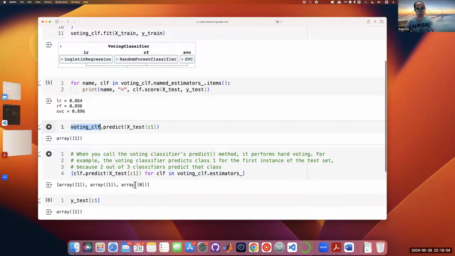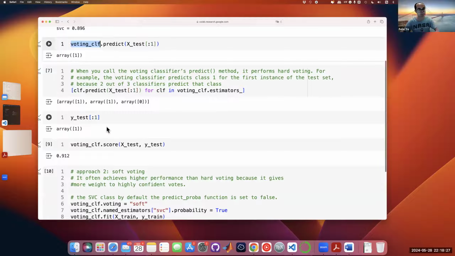My SVM predicts 0. So by majority voting, we have 2 of the learners predicting class 1, and 1 learner predicting 0. So that's why it will be predicted as 1, because we are taking the majority rule.